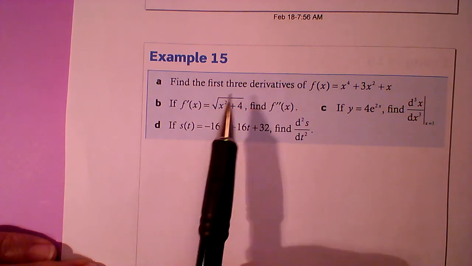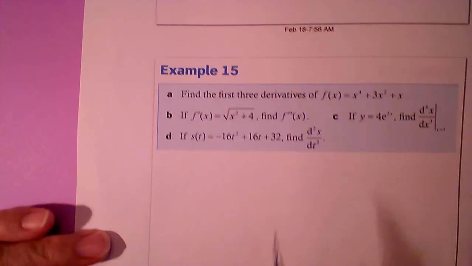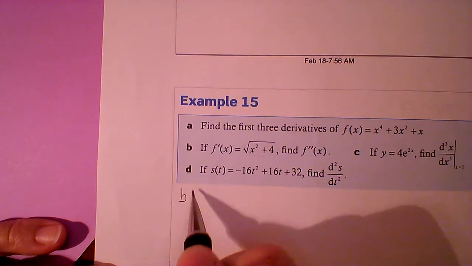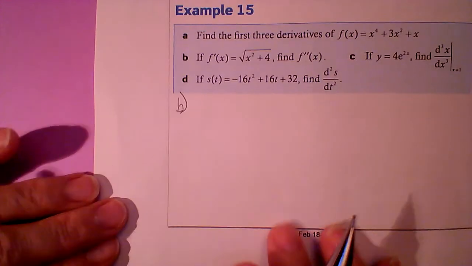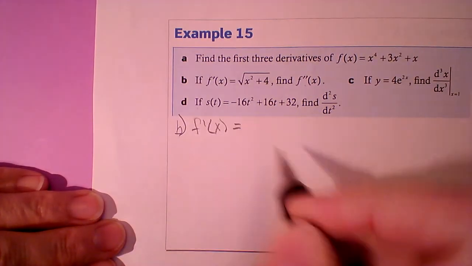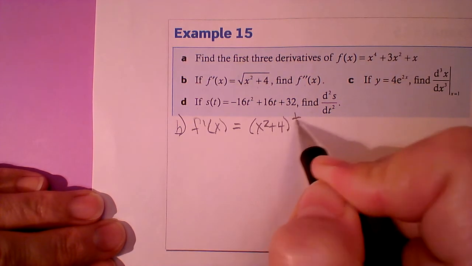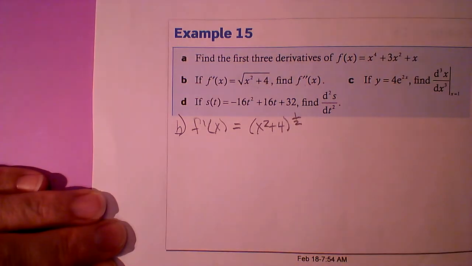So the square root is the outer function, x squared plus 4 is our inner function. So I'm just going to rewrite f prime of x as x squared plus 4 to the 1/2. It makes it easier to work with.